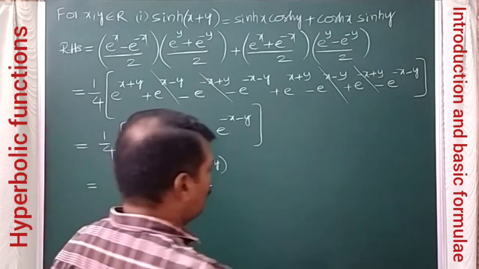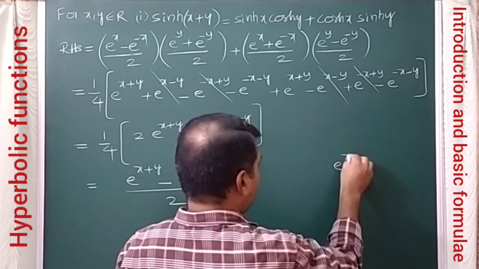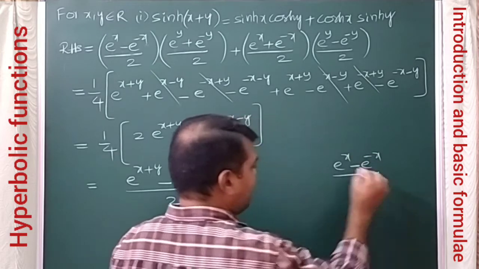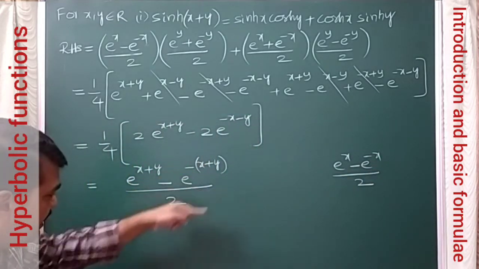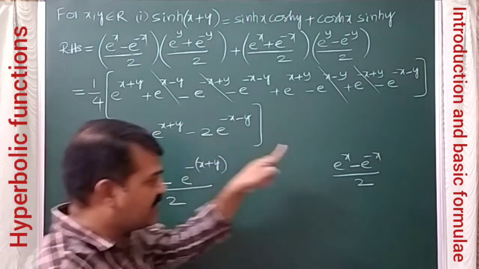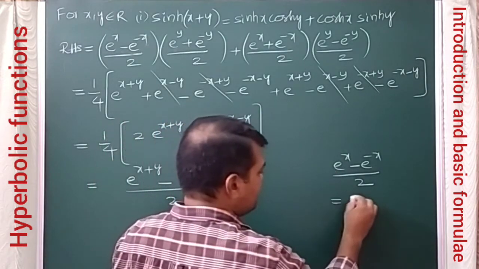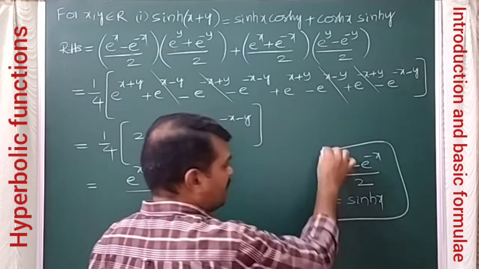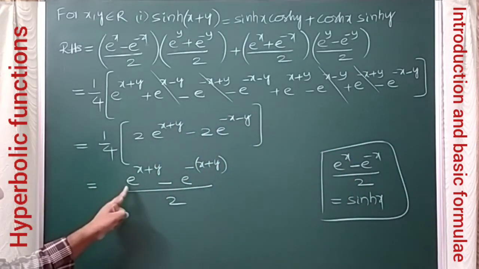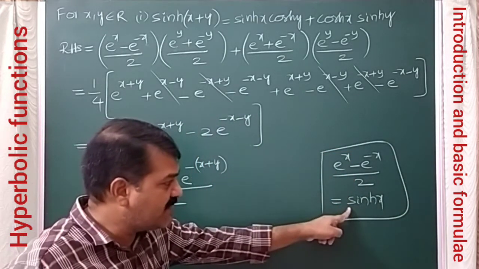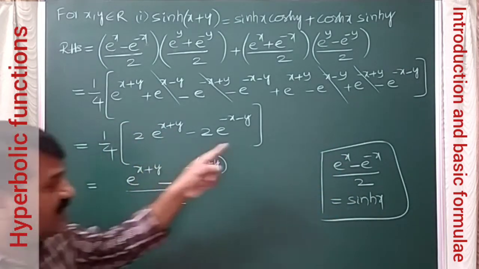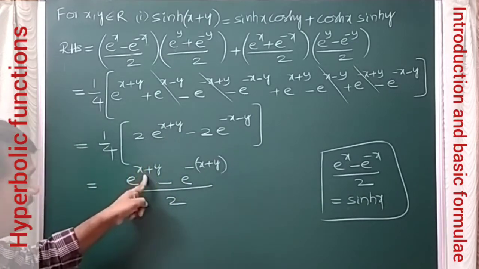This is similar to e power x minus e power minus x by 2. Whatever we got here is similar to this one, and this is the formula of sinh x we know. So whatever value we got is similar to the sinh x formula, but in place of x we have x plus y.